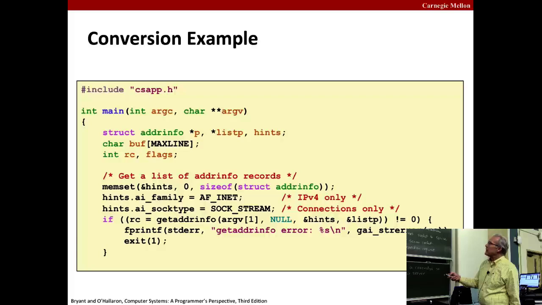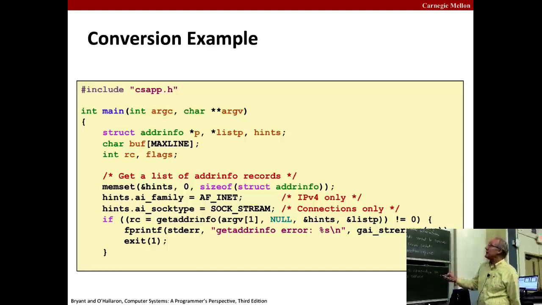And list p, again, will just be a pointer. You'll notice hints is actually a struct itself, whereas list p and p are just pointers to structs. They don't have any allocated data. So the hints, I'm just going to fill in that struct with all zeros, because I don't really need to provide any hints. I am telling it that I want an IPv6 TCP connection here.